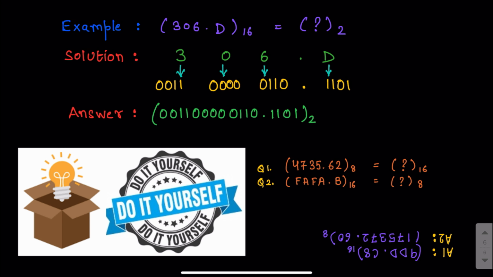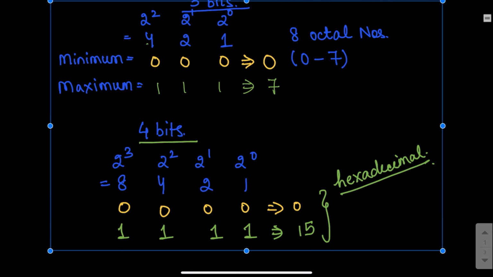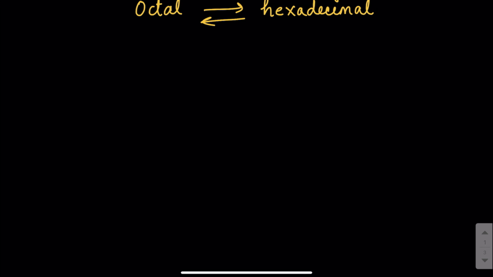Now I have some questions for you. I need to convert octal to hexadecimal and hexadecimal to octal. So I'll just give you a hint for this. We are just left with one particular thing, that is, we need to convert octal to hexadecimal or vice versa. So when you are trying to do something like this, you need to choose an intermediate stage, which is binary.